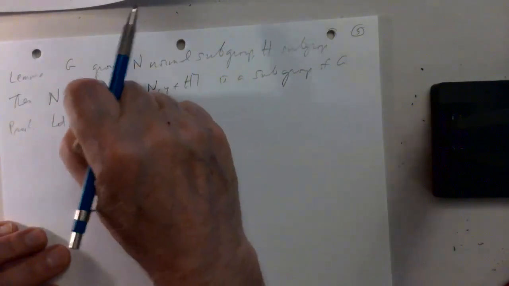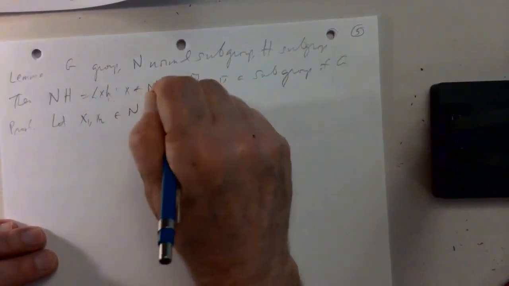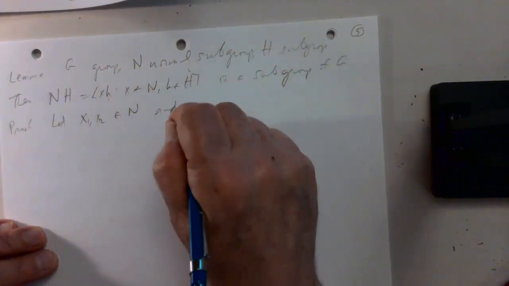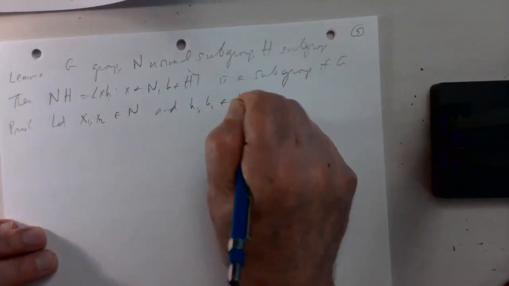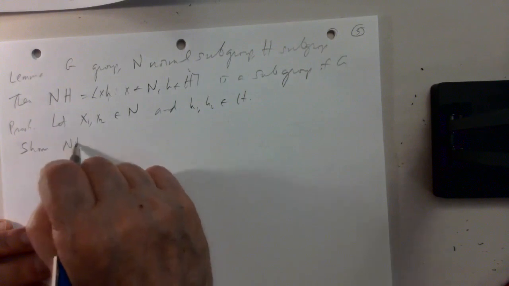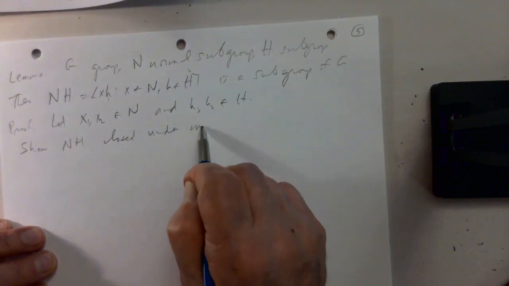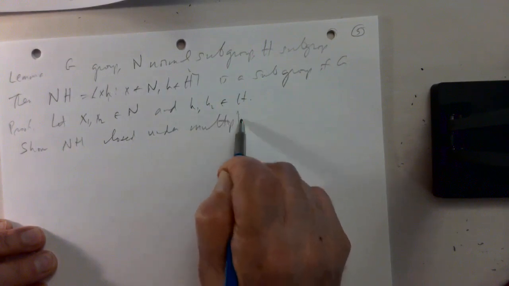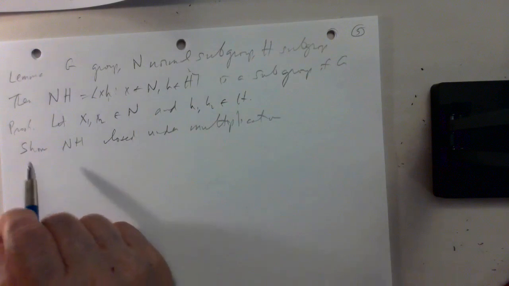So suppose we have x1, x2 in N, and maybe just to emphasize the fact that, to distinguish elements of N from elements of H, everything is from NH, where x is in N and h is in H, and h1, h2 are in H. So I want to show the product set is closed under multiplication.